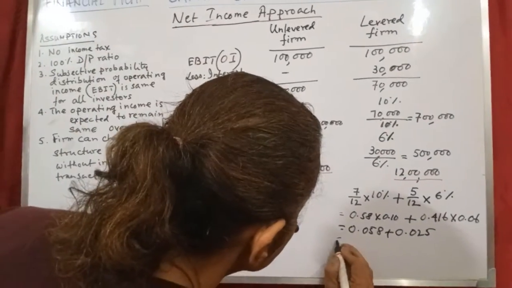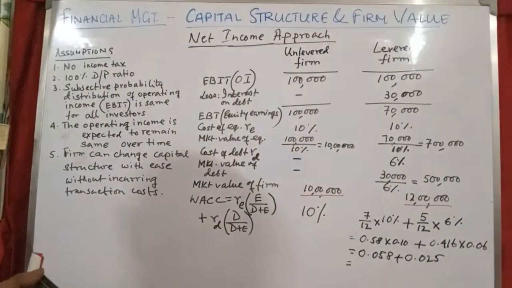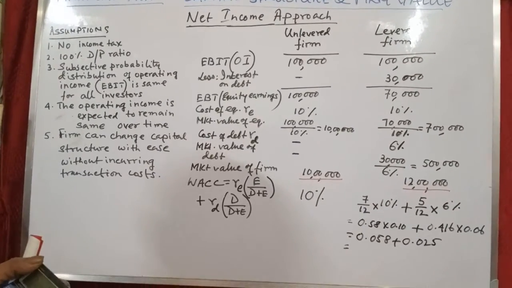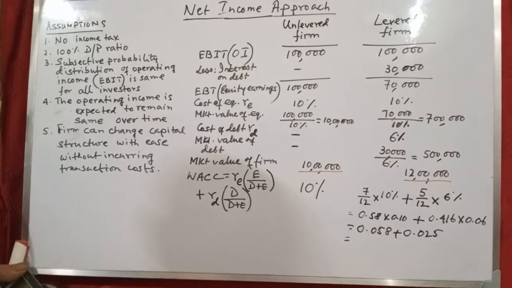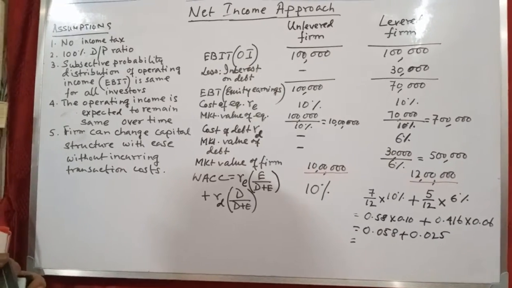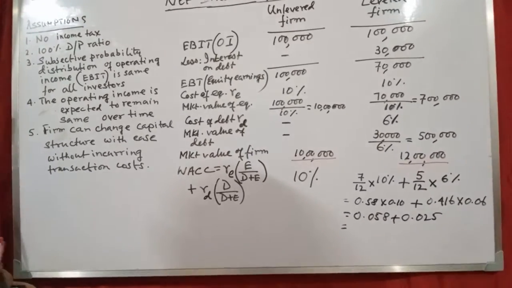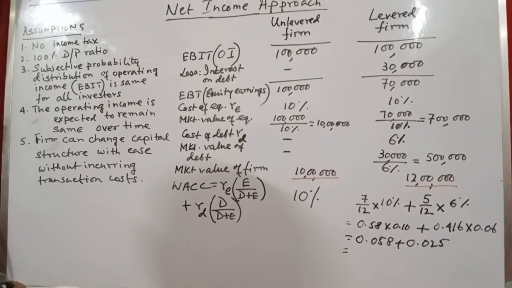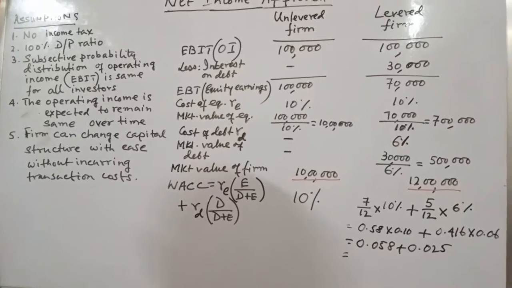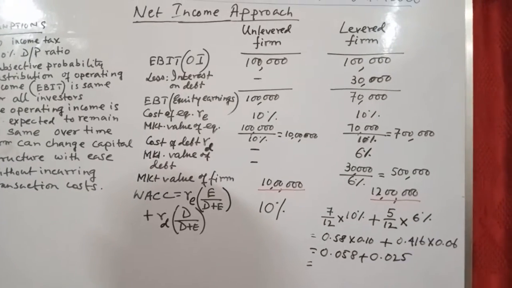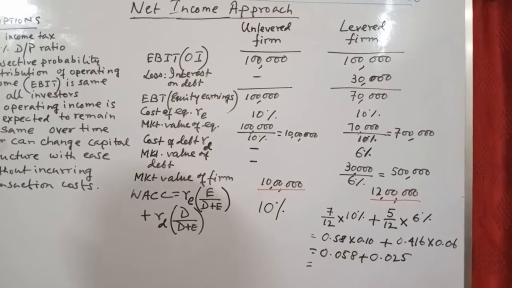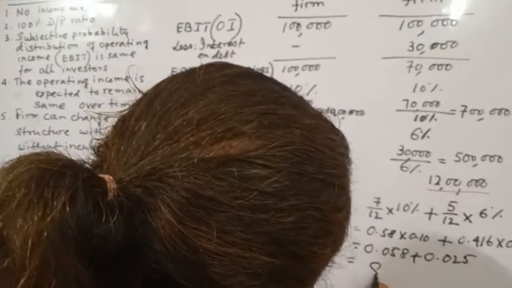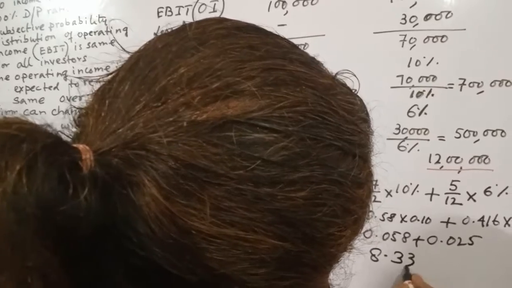So this is 0.058 plus 0.025. It comes to 8.33%.